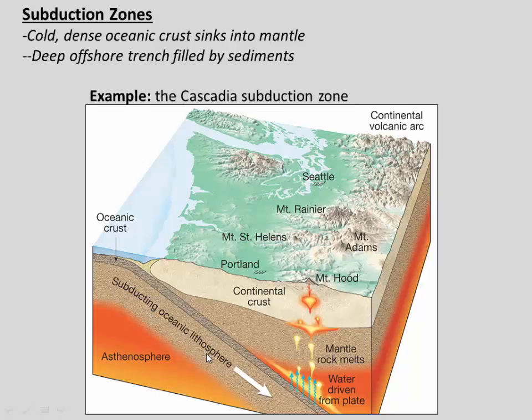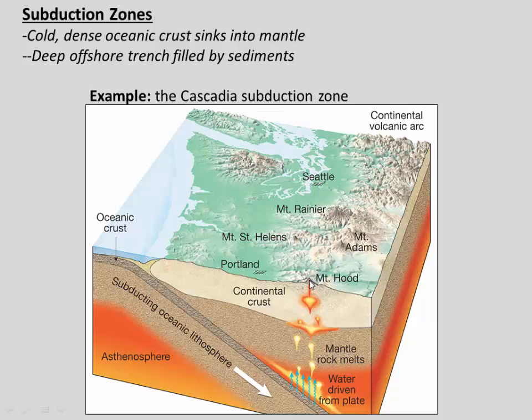And subduction zones, of course, are associated with volcanoes. As that material goes down, we actually get melting of the sediment and sometimes of the ocean crust. And that creates new magma that makes its way up through the continental crust. And those magma chambers can then either cool into igneous rock or they can be erupted as lava flows.